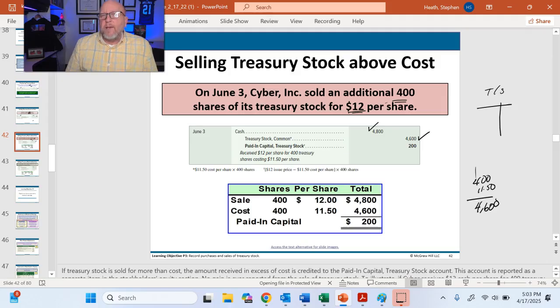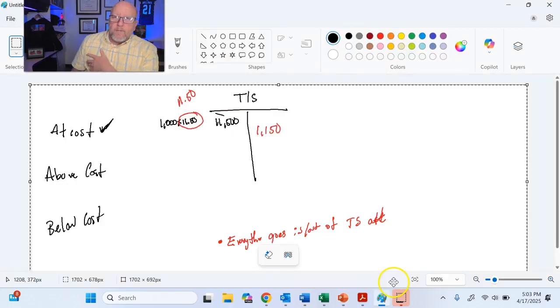And therefore, if I get rid of treasury stock, it would be a credit. And then if I'm selling for above cost, the rest goes into paid in capital in excess of the treasury stock account.